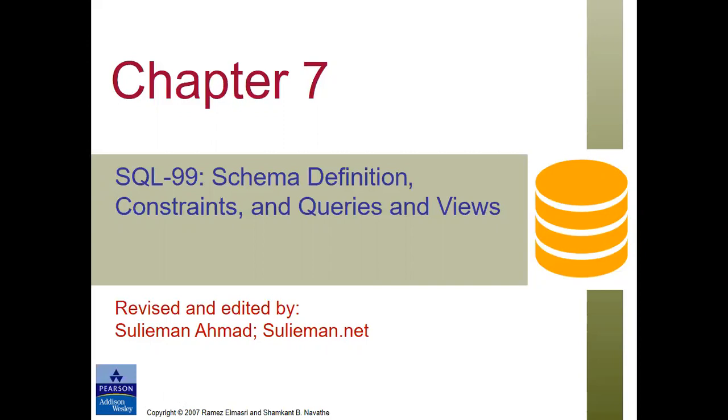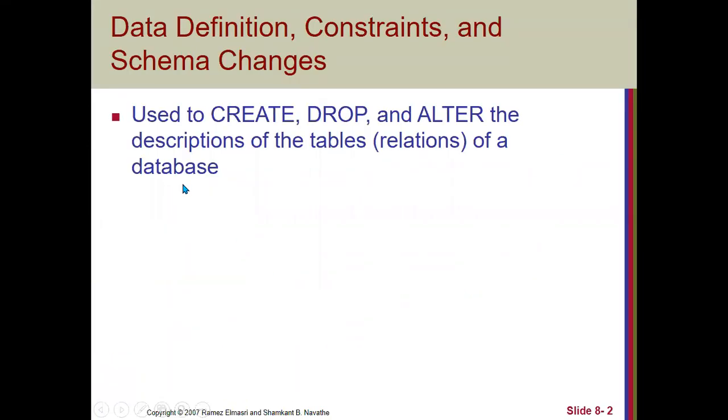This is done by Professor Sulaiman Bani Ahmed, and we start our chapter, which will talk about how we can define our data in our database, how to define the constraints and the schema and all these things, how we use create, drop and alter to change the description of the table. The tables, now, were relations in the relational schema. When you start SQL, you start talking about tables.